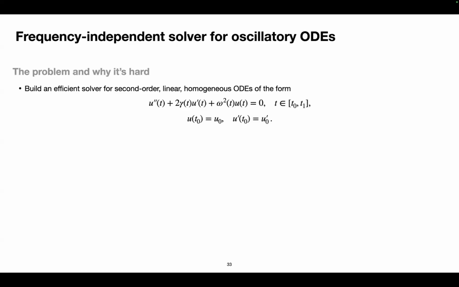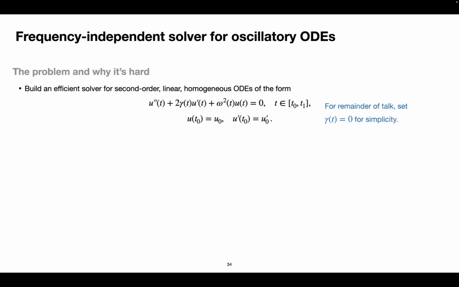The sort of problems I'm interested in are given by this equation here. It's a second-order linear ordinary differential equation. It just has one dimension and one unknown. It's posed as an initial value problem, meaning that we know what the unknowns are at the start of the solution interval. You might see that there are two coefficients here, gamma and omega, which physically correspond to something that describes friction, and omega is something that describes frequency.